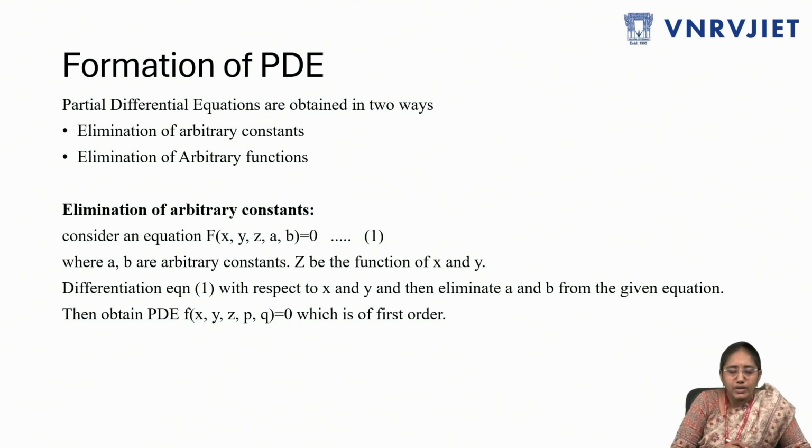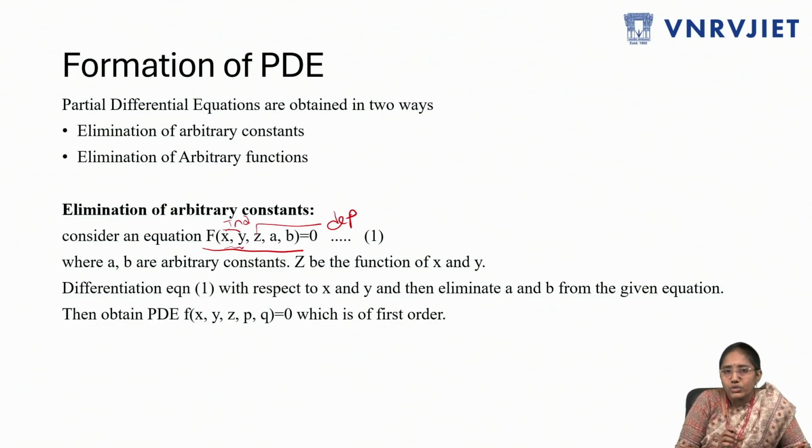We consider an equation f of x, y, z, a, b equals 0. In this equation, z is the dependent variable, both x and y are the independent variables, and a and b are the arbitrary constants.